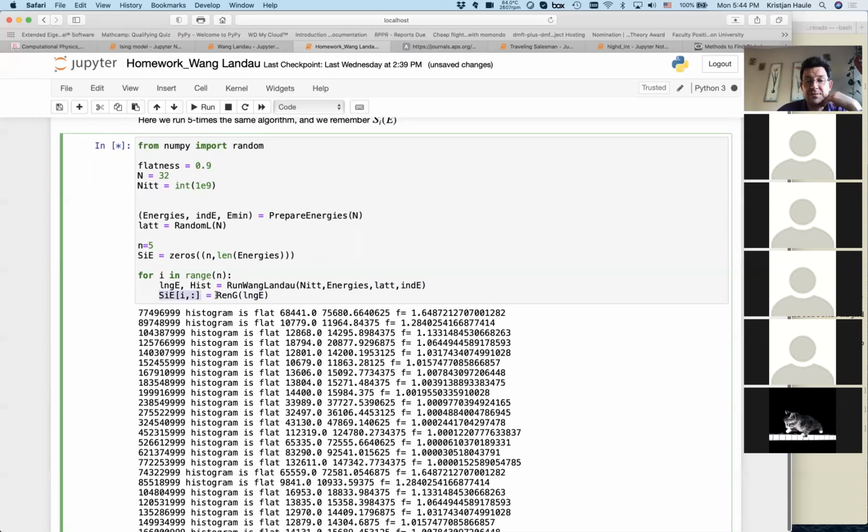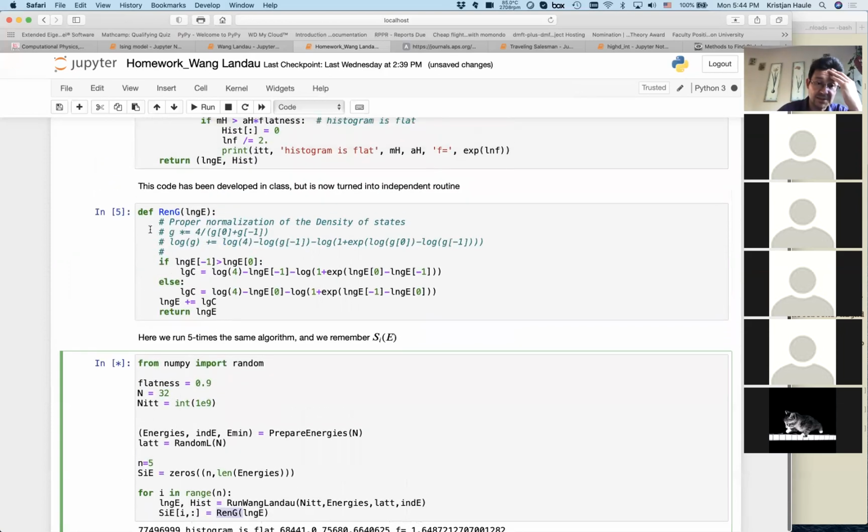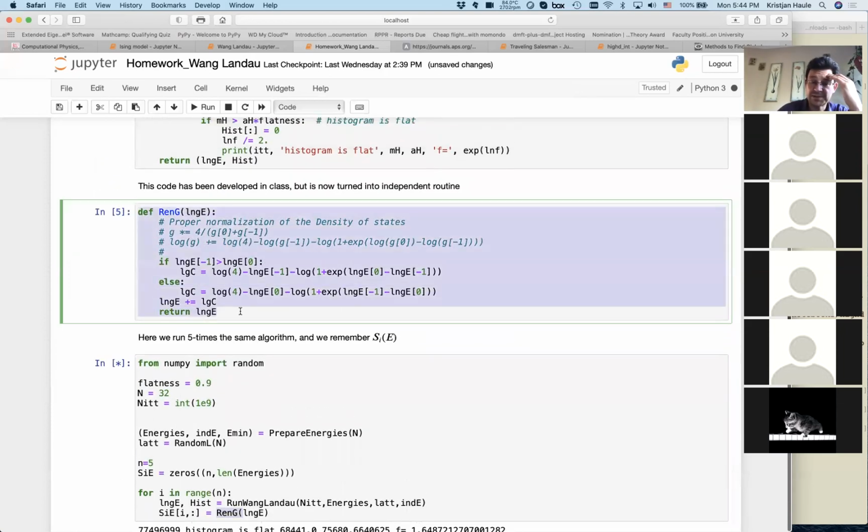Before we do that, we renormalize it such that the value at the antiferromagnet and ferromagnet is roughly 2. So this is the routine which properly normalizes the density of states.